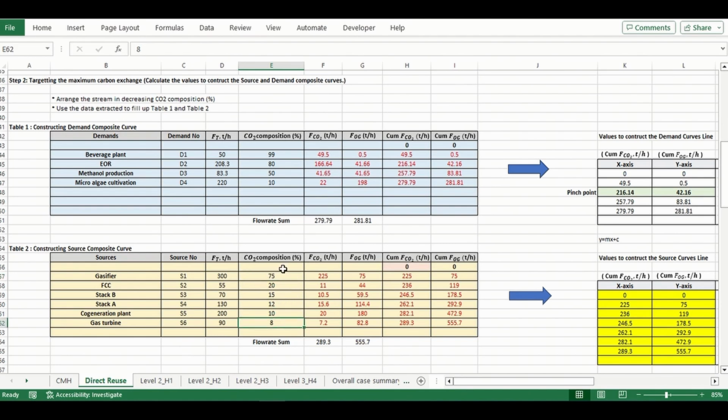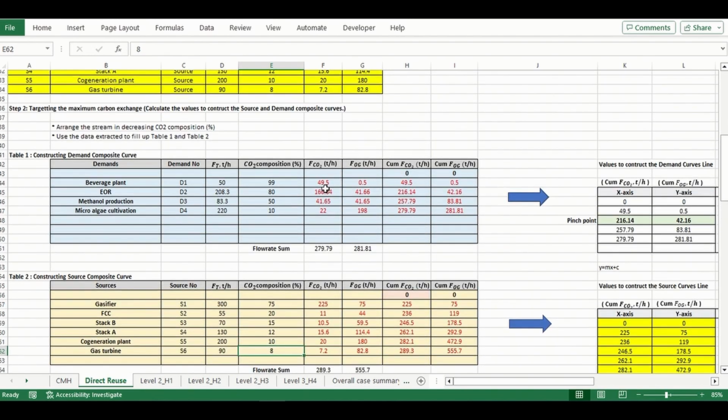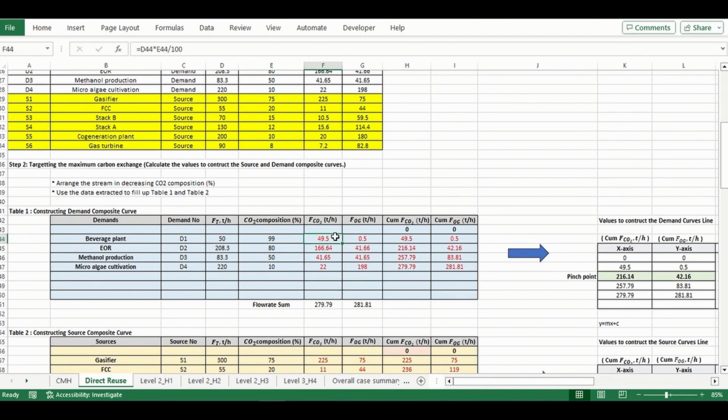As mentioned before, for the flow rate of CO2 and of other gases, we used an Excel formula that multiplies the total flow rate by the CO2 composition in percentage to find the flow rate of CO2. You can see the multiplication and division by 100 if you're not using the percentage.